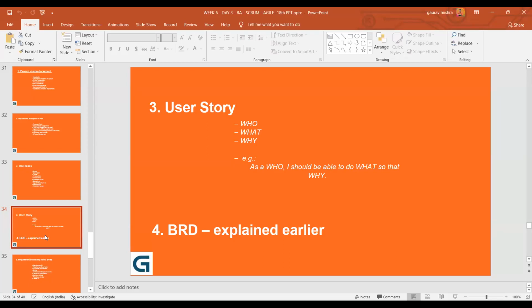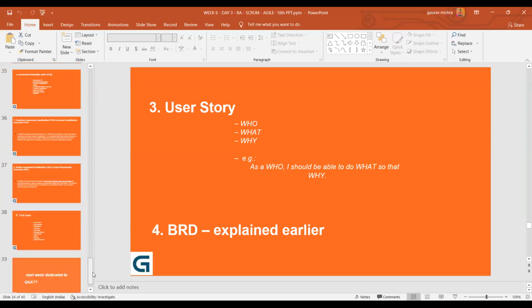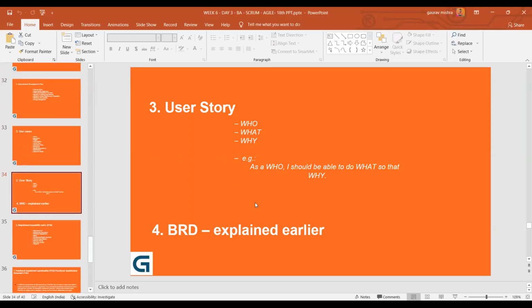So there is a format to complete it. I always keep on telling what the format is. You are going to take a note of it: as a who, meaning user, I should be able to do what, meaning the action, so that why, meaning the impact.